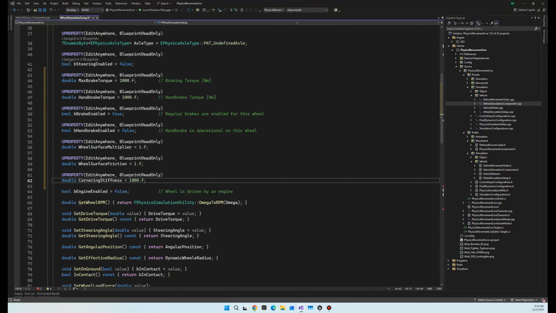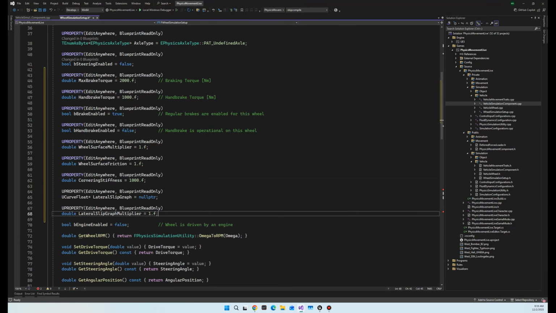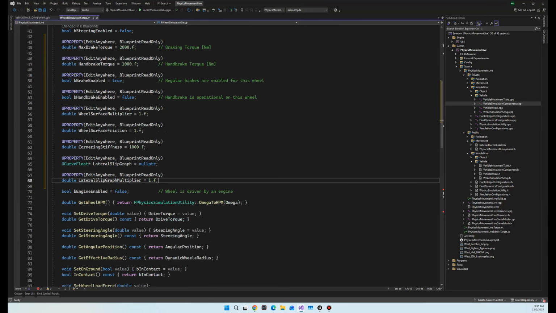We can also use lateral slip graphing if you want to do it this way. So we'll actually have two methods. I'm not going to go into the graph quite so much.